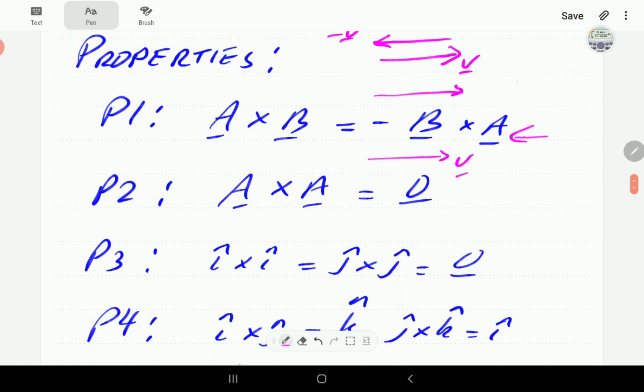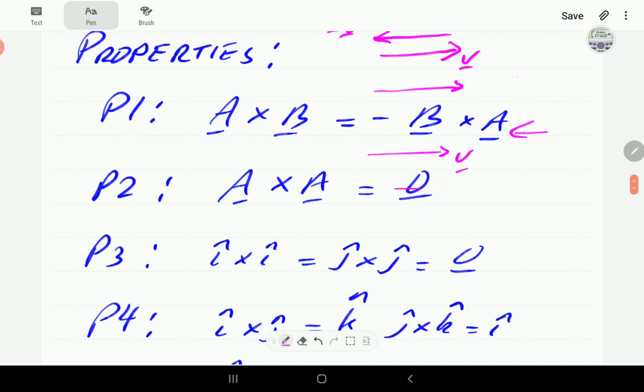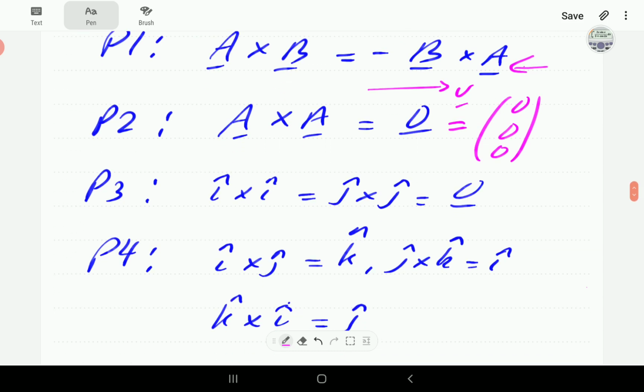Lastly, notice that this 0 is underlined, so that means it's a zero vector, as opposed to a scalar 0. That means it's a vector whose three components are all zeros.